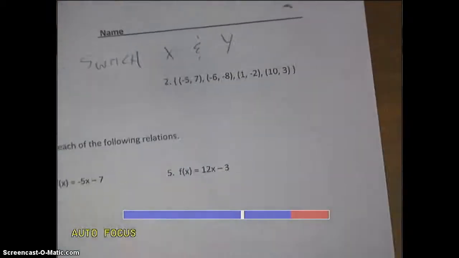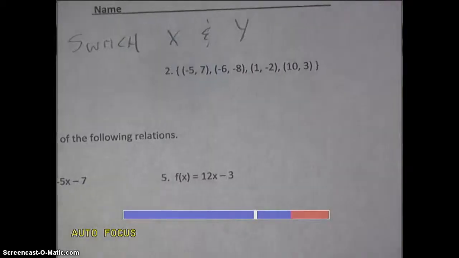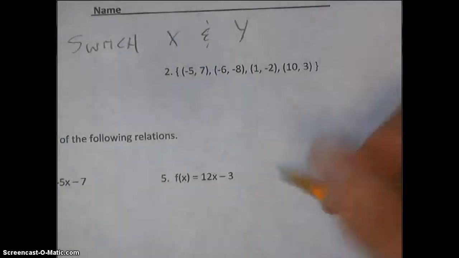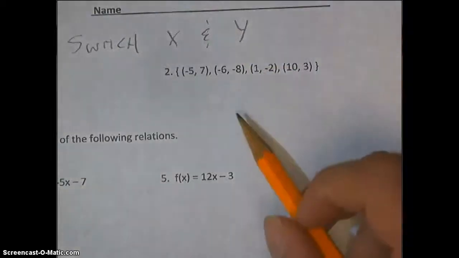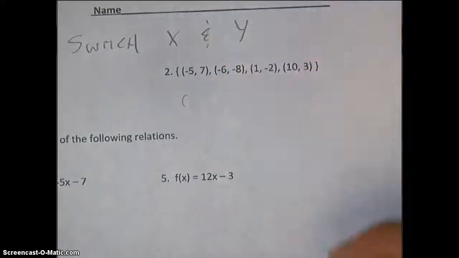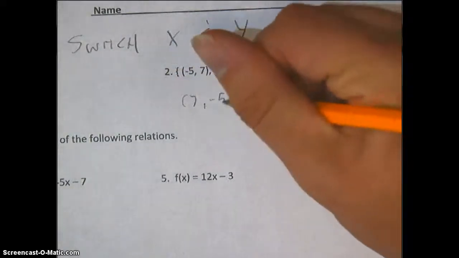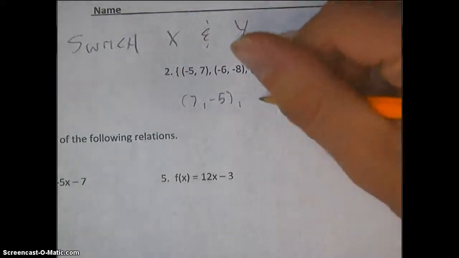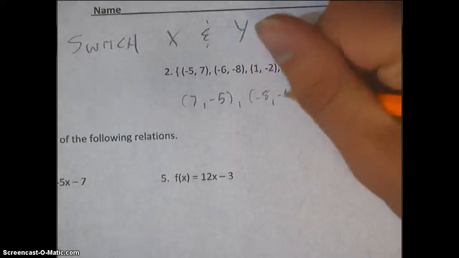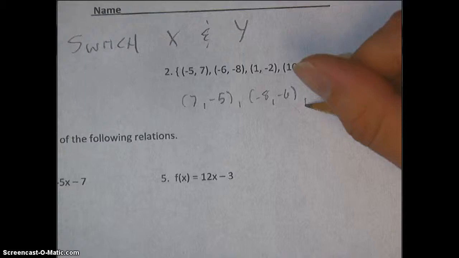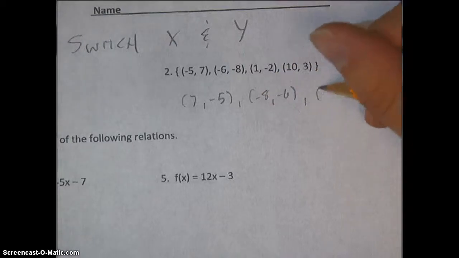So if you have a function or a set of coordinates like this, to find the inverse, all I want you to do is switch the x and the y. So negative 5, 7 becomes 7, negative 5. Negative 6, negative 8 becomes negative 8, negative 6. 1, negative 2 becomes negative 2, 1.